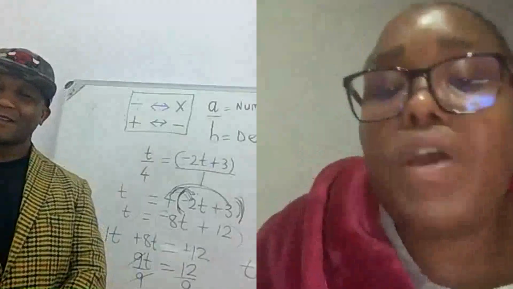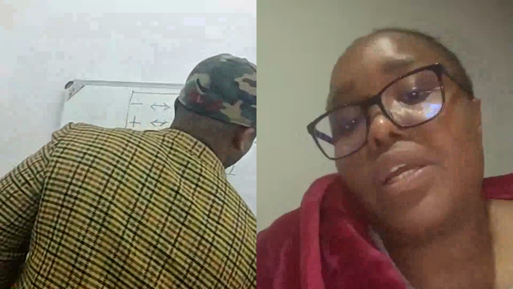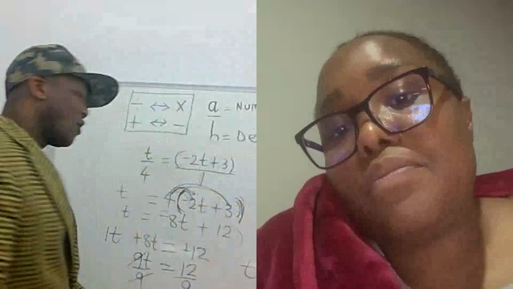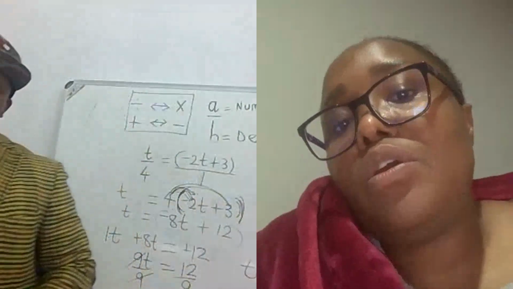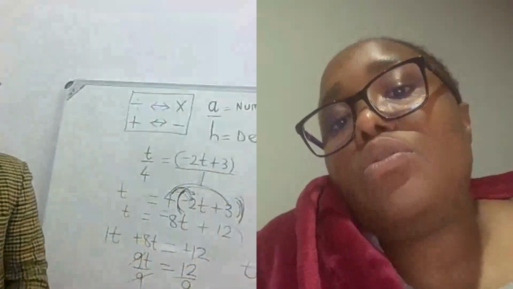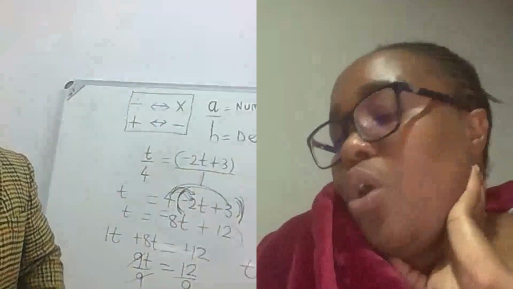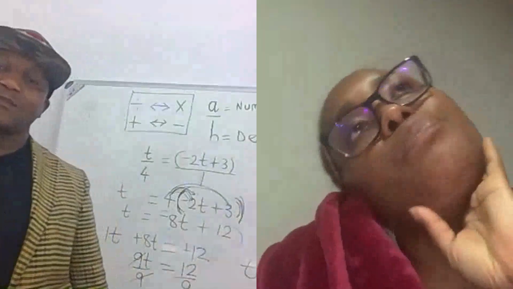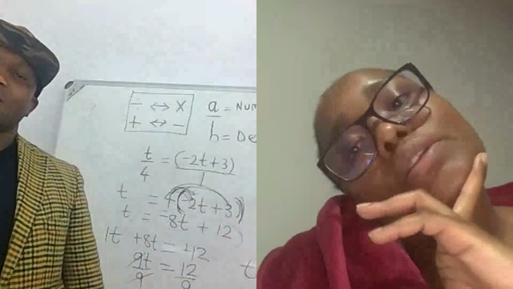So it's going to be 4 over 3. This means t equals 4 over 3. Very good. Is it right to leave it like that, 4 over 3? Which type of fraction is that? It's an improper fraction, so the answer needs to be a mixed fraction.